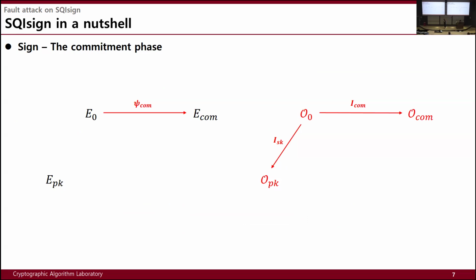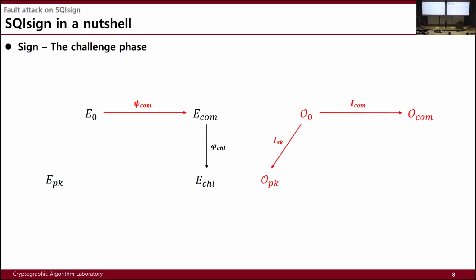Because it is the Fiat-Shamir heuristic, it consists of three parts: commitment, challenge, and response. In the commitment phase, SQISign generates the commitment isogeny, and then the corresponding ideal is generated.